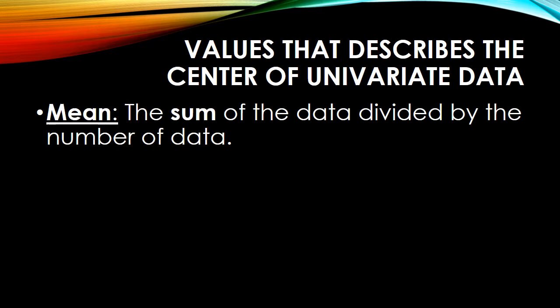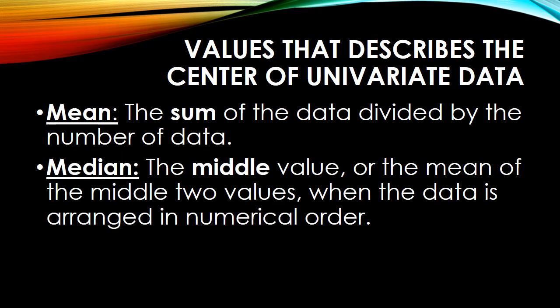The mean is the sum of the data divided by the number of data. And the median is the middle value, or the mean of the two middle values, when the data is arranged in numerical order.